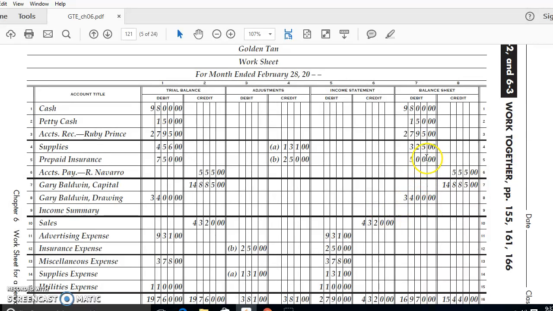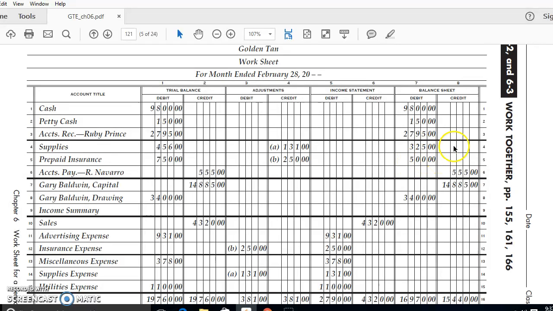I always recommend that students, even though you don't know what to do in the income statement column yet, you don't know what to do in the balance sheet column yet, because we haven't covered that yet, since the textbook is giving you how much the balances are for the end of the month for supplies and prepaid insurance, go ahead and put those in your balance sheet section now. Once again, it's $325 and $500.